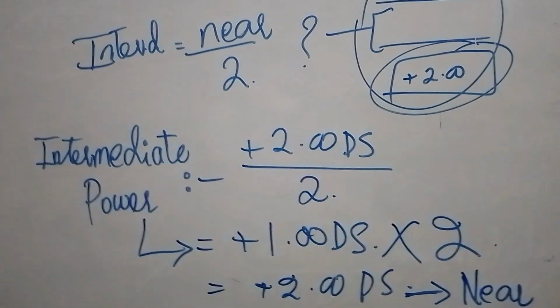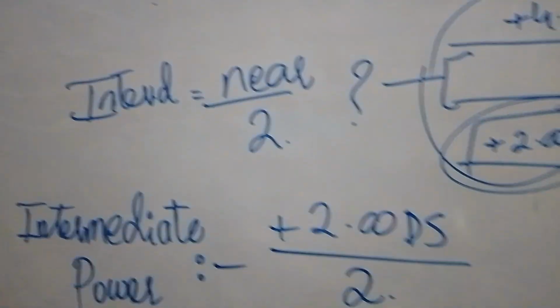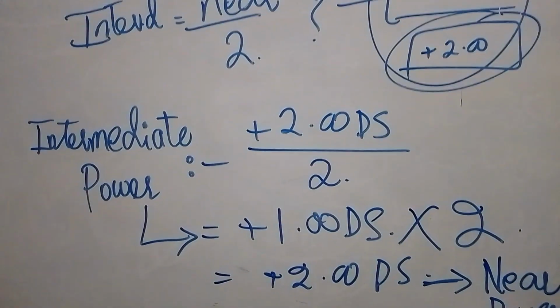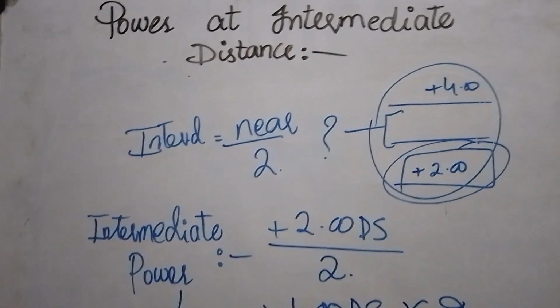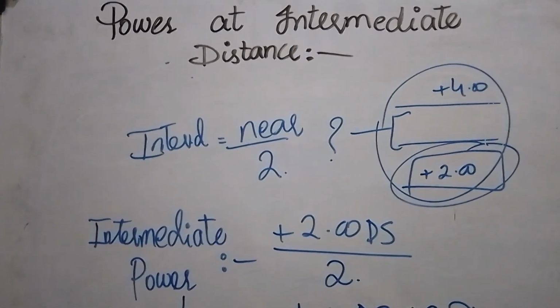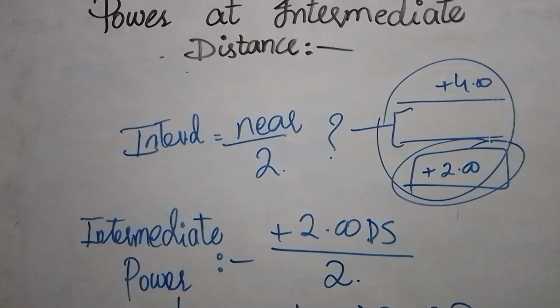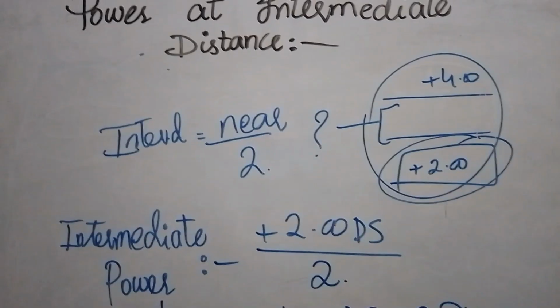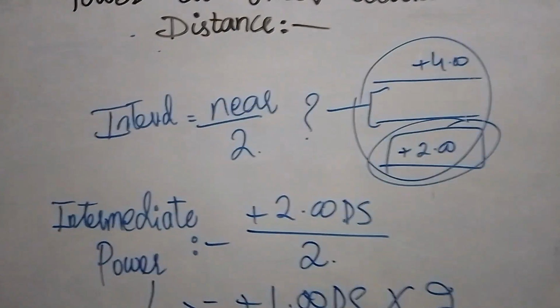This is the method, he just divides the near power by 2 and he gets the intermediate power, right? So this is a way, if somebody is going to dispense the glasses and wants to know how the intermediate distance power is calculated. You just need the near power, divide it by 2, and you'll get the intermediate power. So I hope it helps, right?